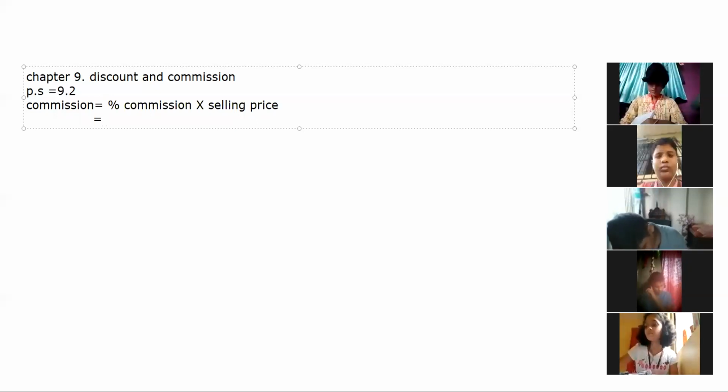So this is the formula of commission. All of you note down that you will be required this to solve the examples.